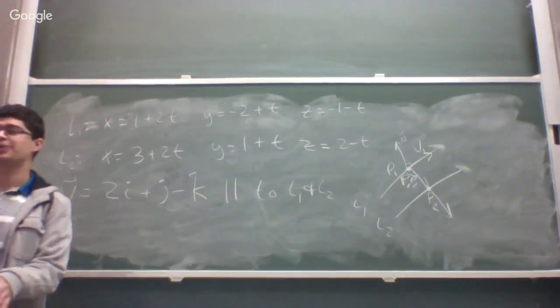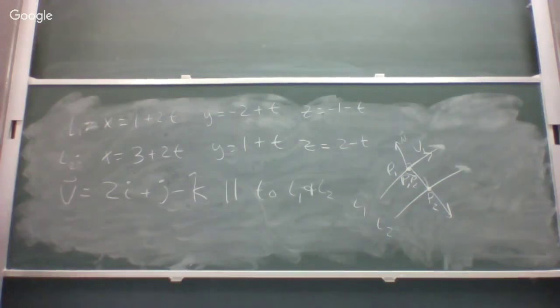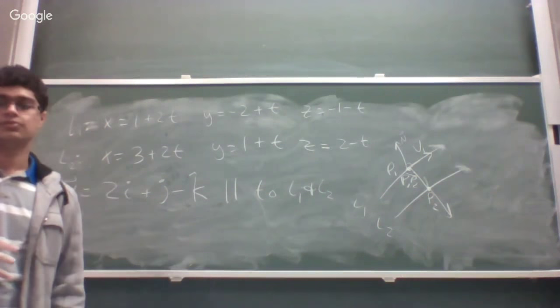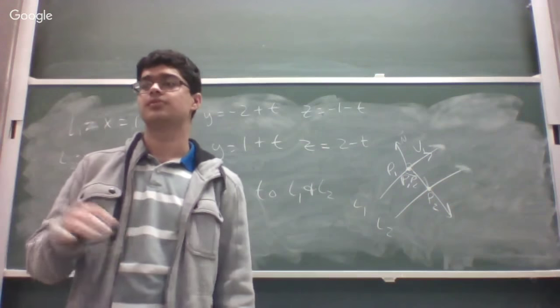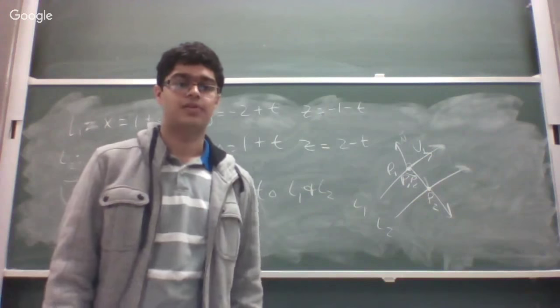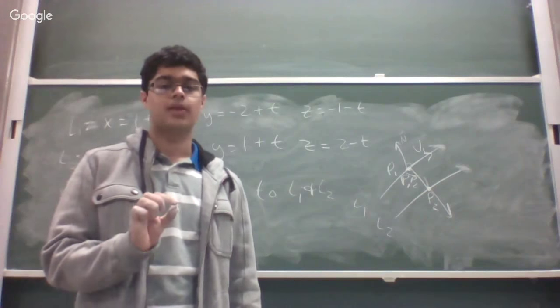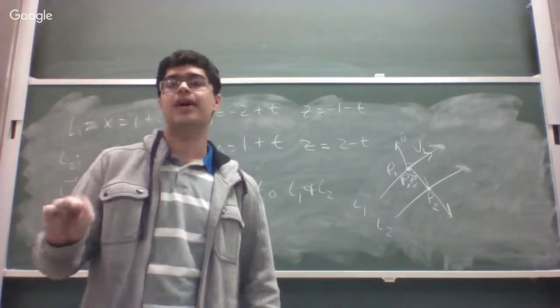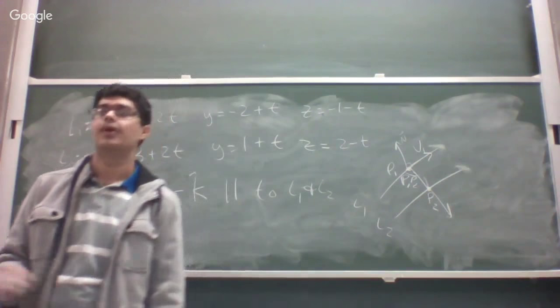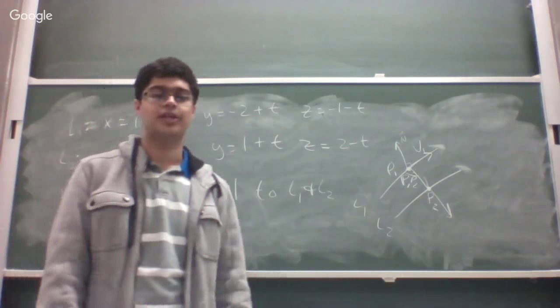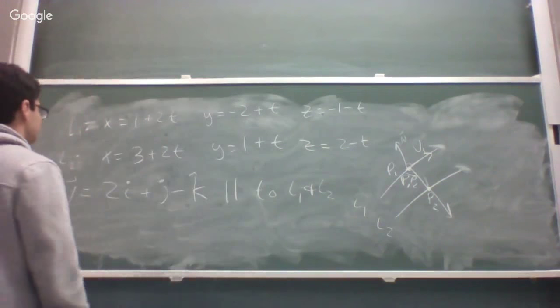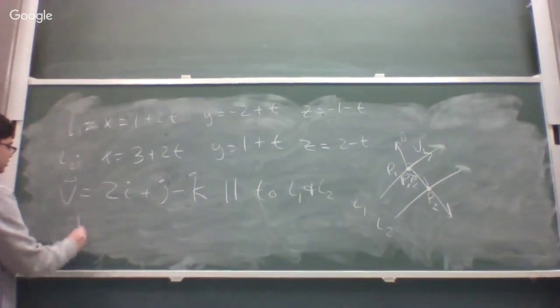Did that click for some people? And you want to do P1, P2 to B1, right? Or B2. So we can set t any value, but to make it easy, we make t equal to 0.